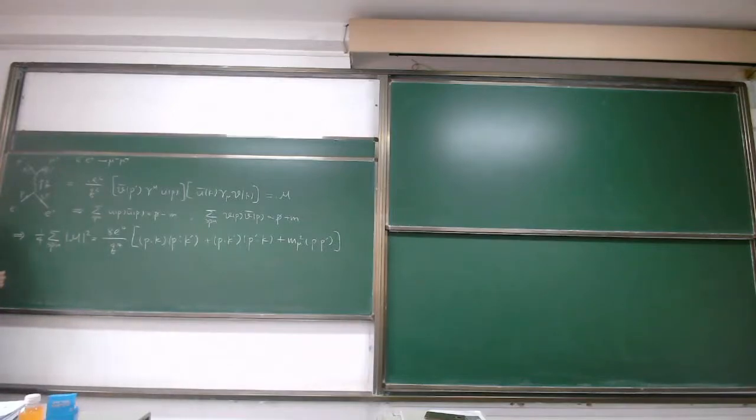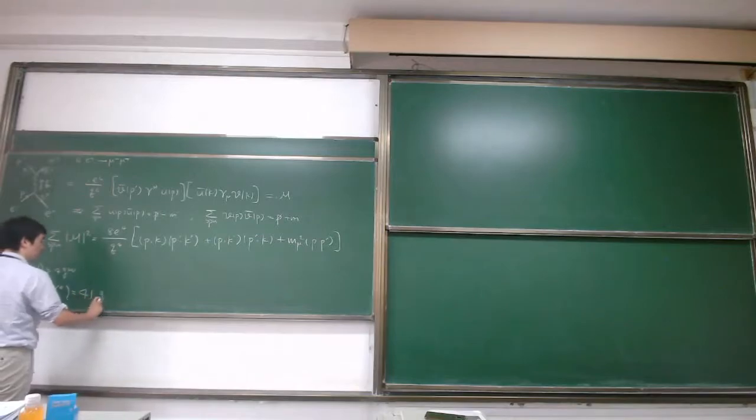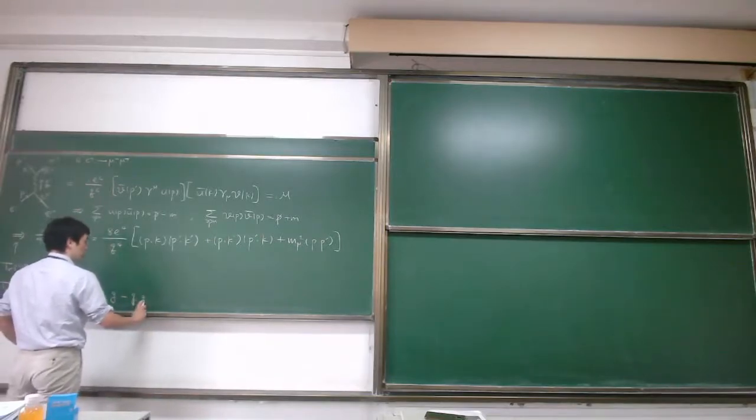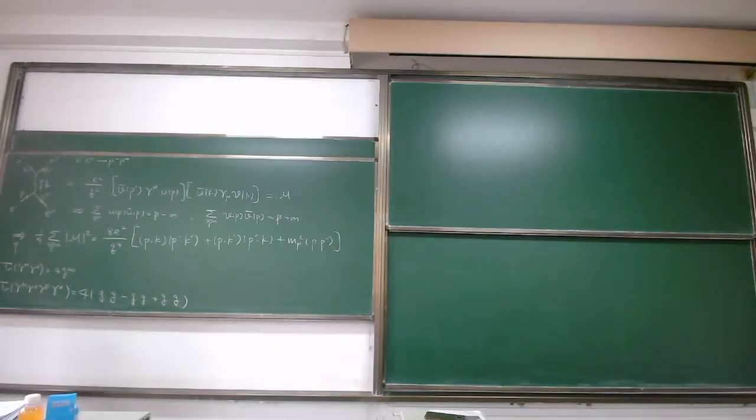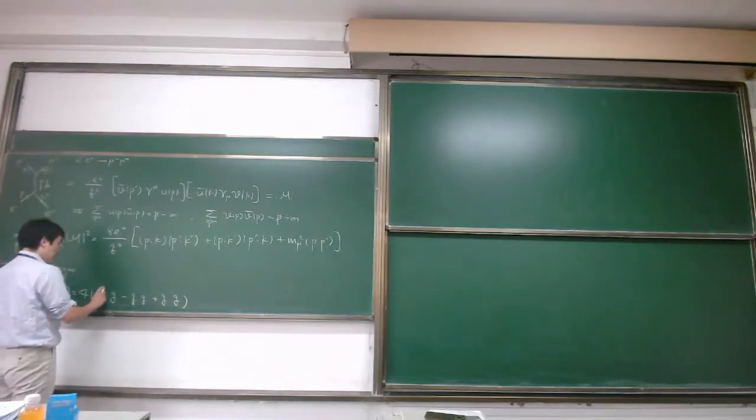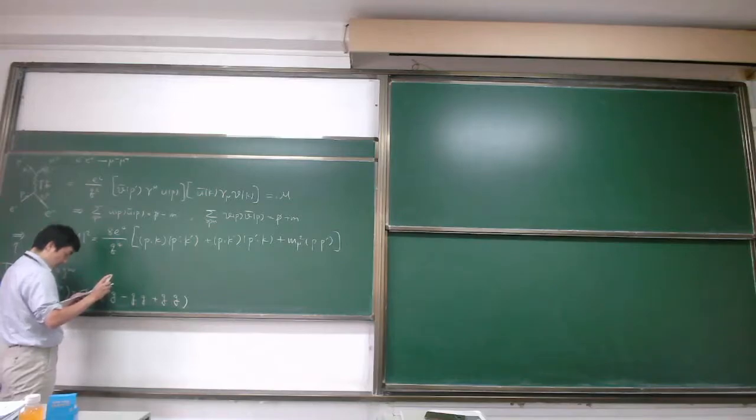And for this process, and also this process, what we did is use the trace of gamma mu gamma nu equal to 4 g mu nu. That's what we used. And also the trace identity with g g minus g g plus g g.